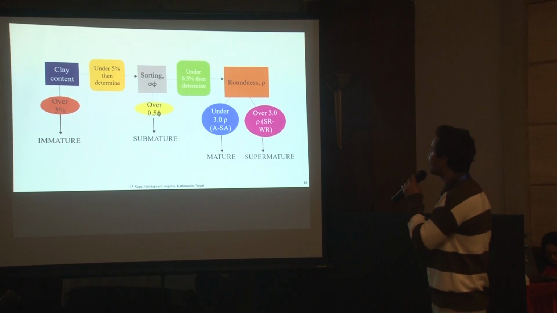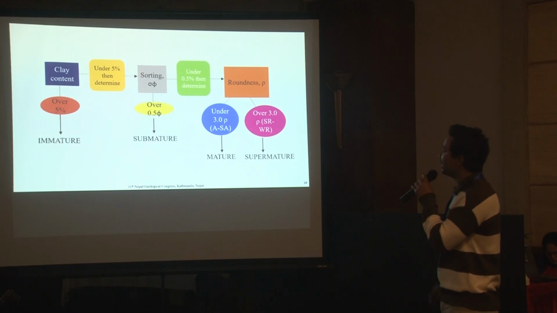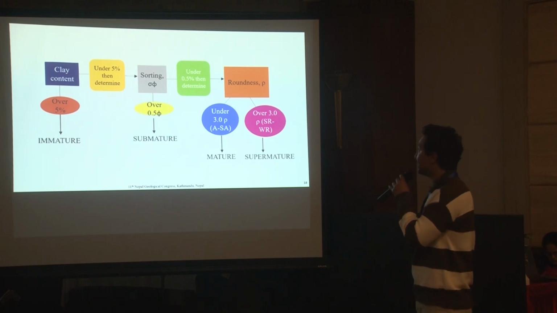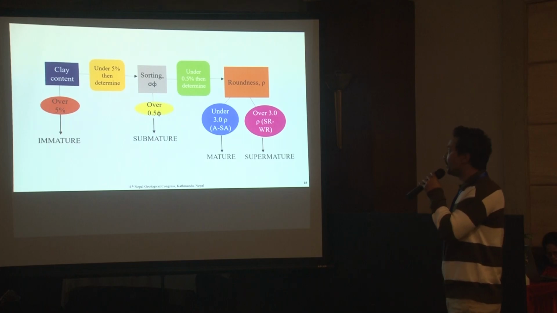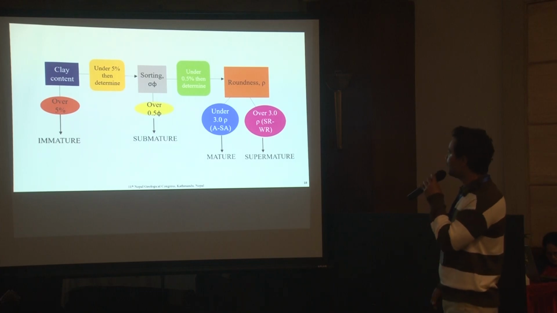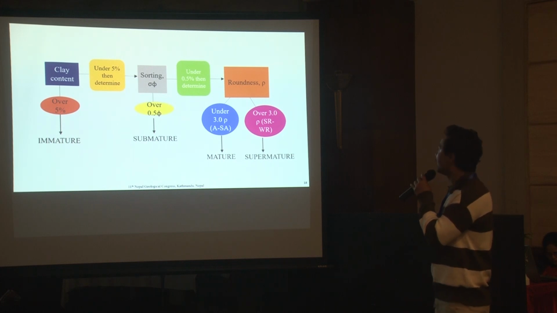If the clay content is over 5% in the sediment, then it can be termed as immature. If the clay content is under 5%, then we have to analyze the sorting of the sediment. While analyzing the sorting, if the sorting is over 0.55, we can term it as submature.